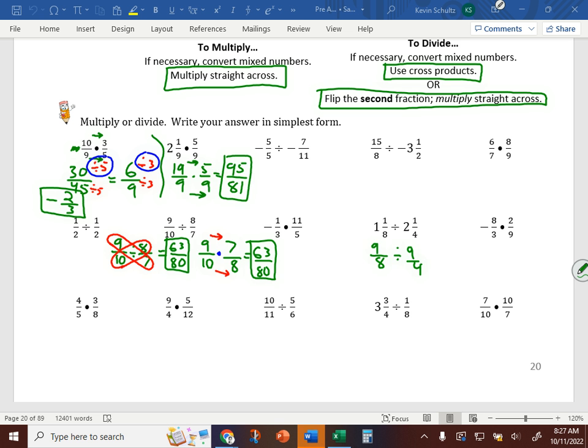Okay? Now pick a method. See if you can do it on your own. Pick a method and divide those fractions. Are you going to use cross products, or are you going to go straight across?